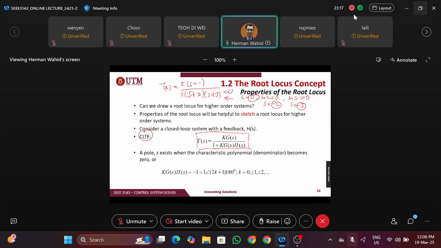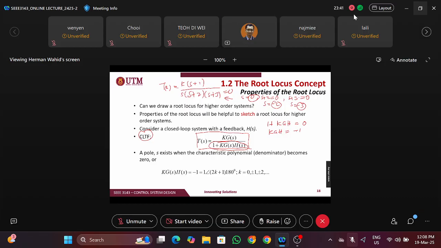If we have a general transfer function like this, we can also do the same. In that case, we have 1 plus KGH is equal to 0, because this is the denominator of the closed loop transfer function. And then KGH is equal to -1.